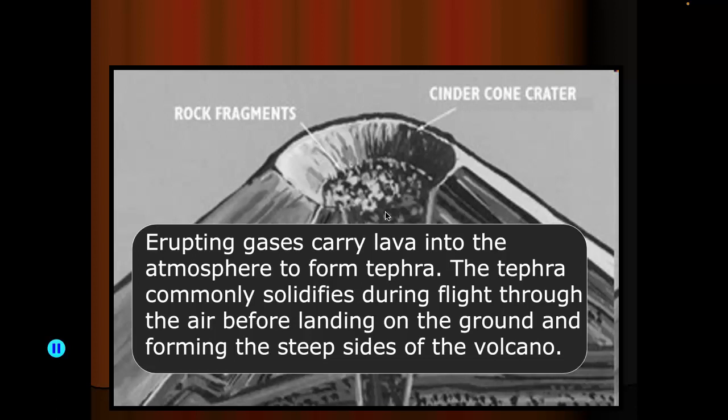And so those rock fragments and that magma get up into the atmosphere where it's cooler, and it cools and solidifies during the flight through the air, and it lands on the ground, and it forms the steep sides of this type of volcano. So one thing you're going to notice about cinder cone volcanoes is they look like they're made out of dirt or gravel, and that's just the tephra that's fallen onto the sides of the volcano.